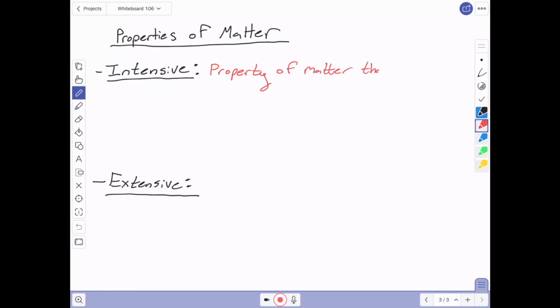And what an intensive property of matter is, it's a property of matter that does not change or is unaffected by the amount of substance present.